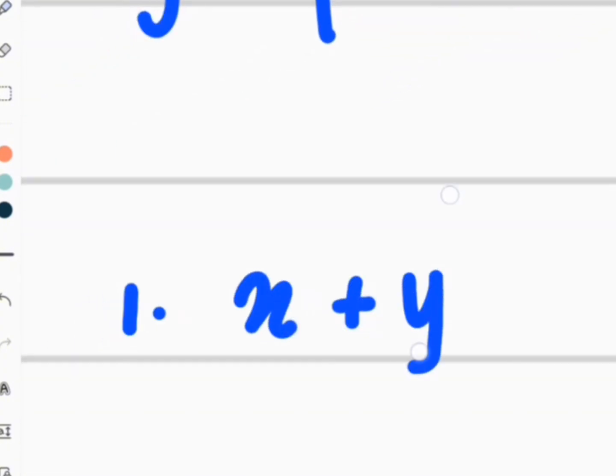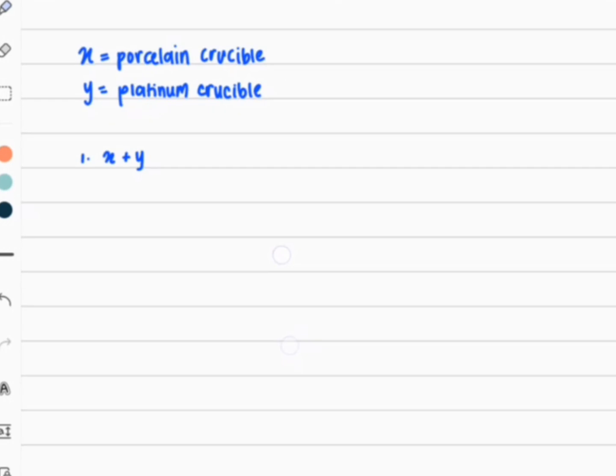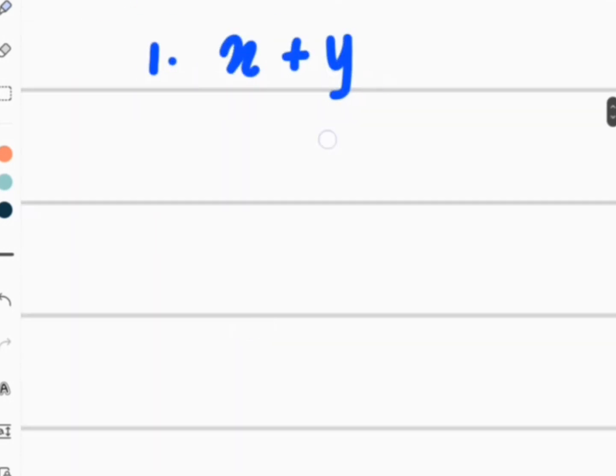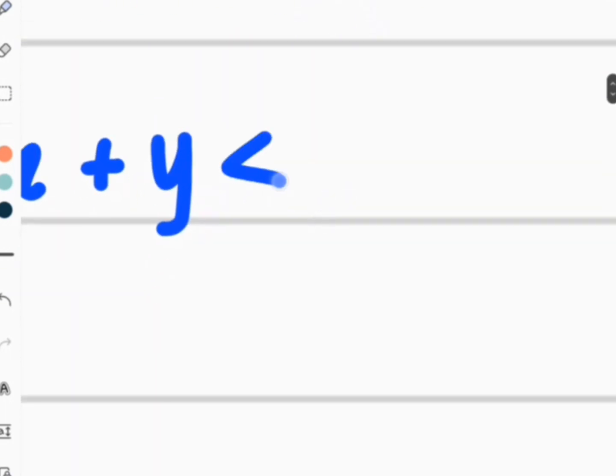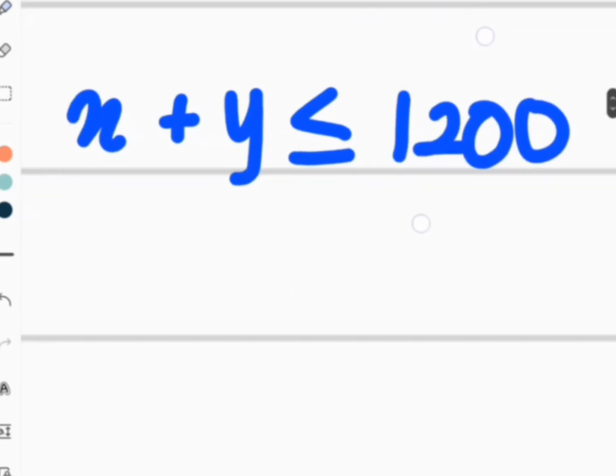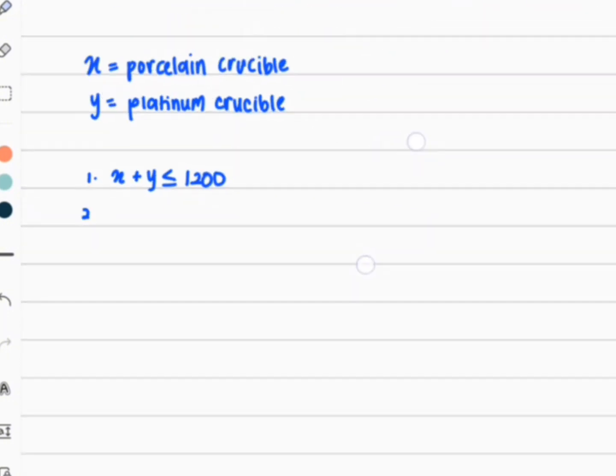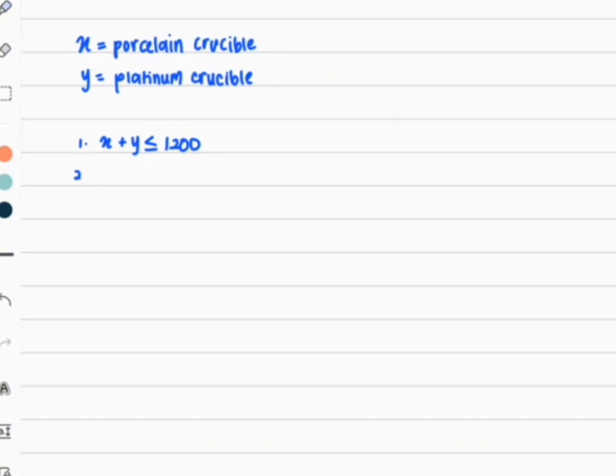So, X plus Y should not exceed, which means less than or equal to 1,200. Then, number 2, the demand for platinum crucible is no more than half the demand for porcelain crucible.